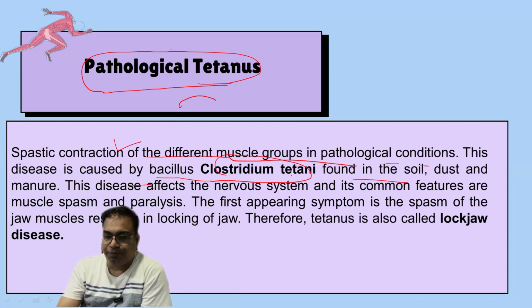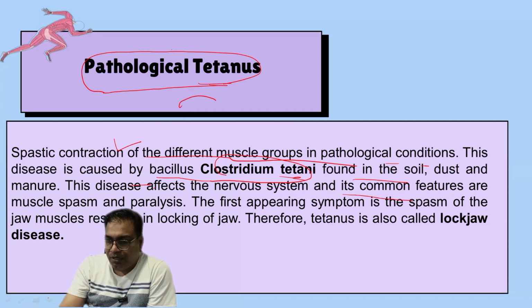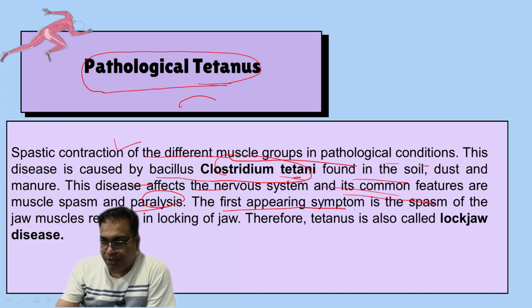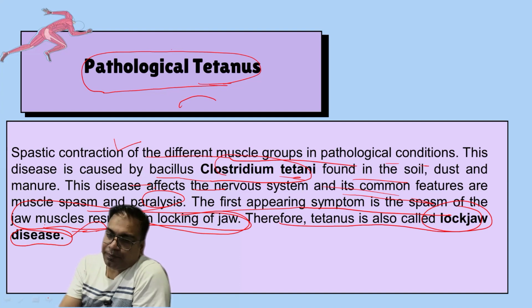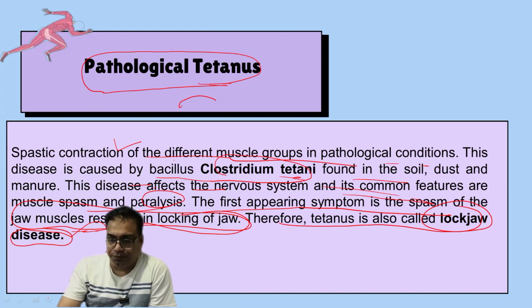This disease affects the nervous system, and its common features are muscle spasm and paralysis. The muscle spasm first appears in the jaw muscles, which we call locking of the jaw. Therefore, tetanus is also called lockjaw disease.